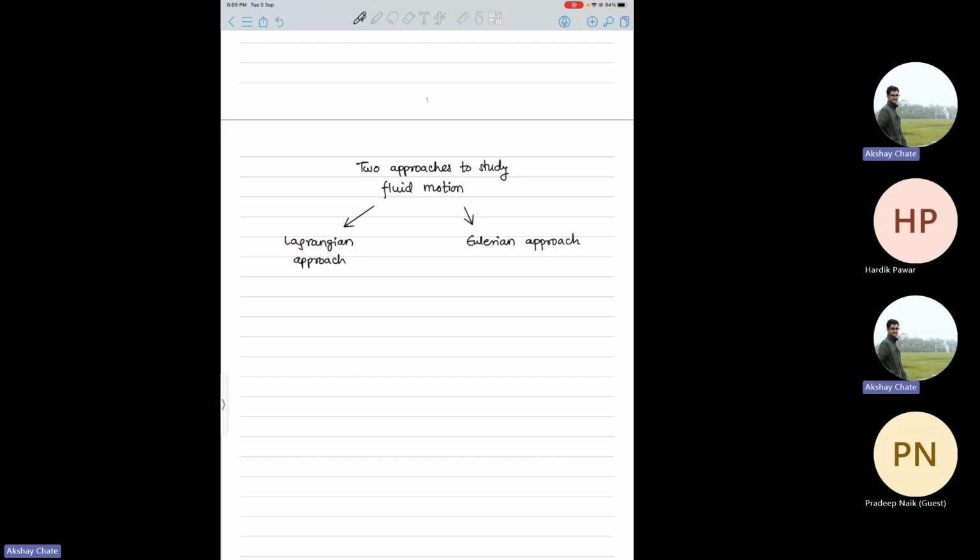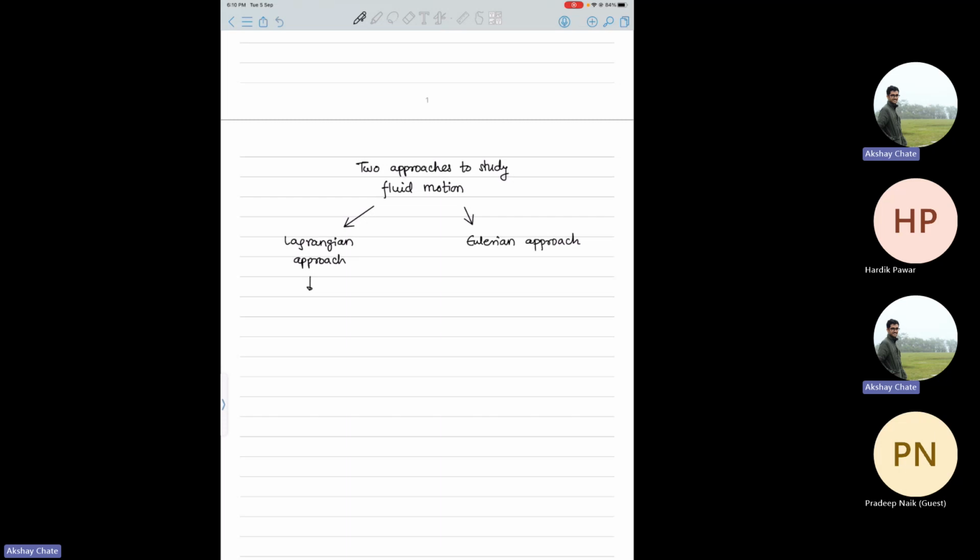in the Lagrangian approach, you basically define your velocity or acceleration of the fluid flow for a particular particle. The study of the fluid flow is done on a single fluid particle by defining its position vector with respect to some reference point.